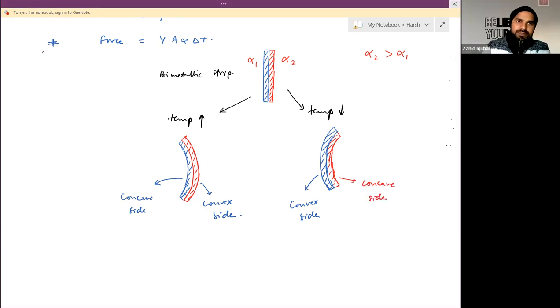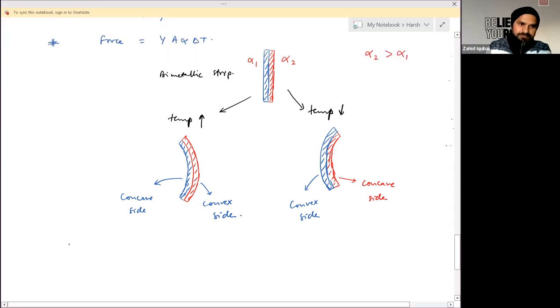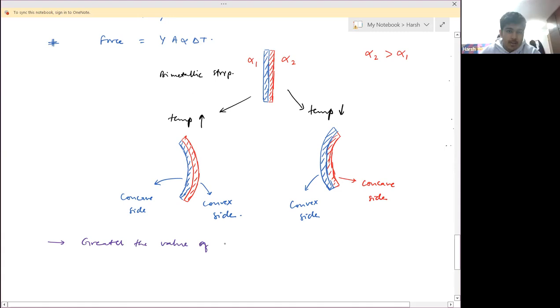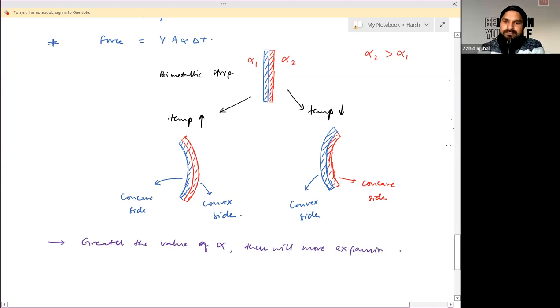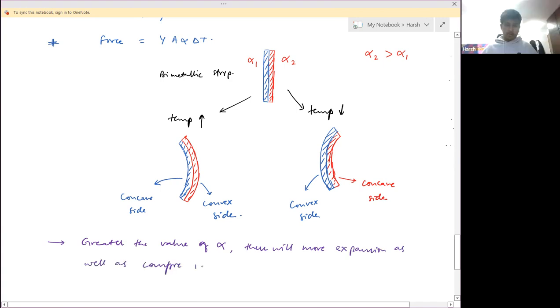So from this part, we may conclude: the greater the value of alpha, the more expansion while heating, as well as more compression on decreasing the temperature.